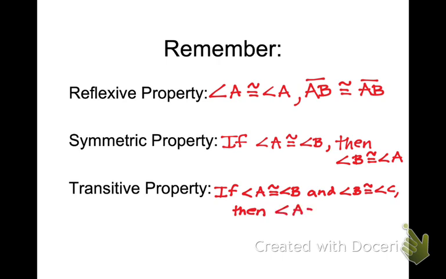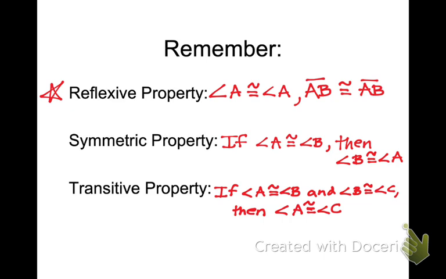A is congruent to C. Remember, we take out the middleman of B. So if they're both congruent to B, we can eliminate that. So for chapter 4, put a big star next to reflexive property. That's going to be your best friend. Transitive property was our best friend in chapter 3 when we were proving lines parallel. But in chapter 4, we're going to be loving the reflexive property.